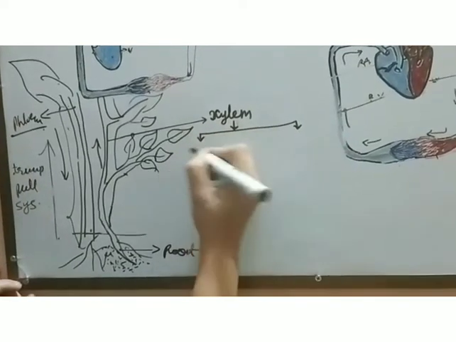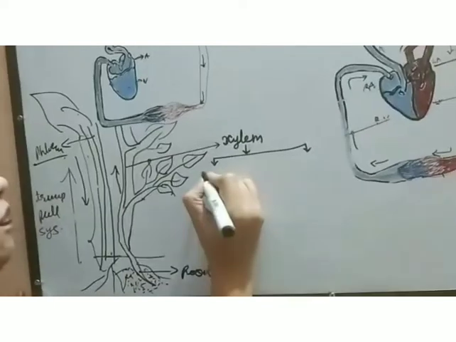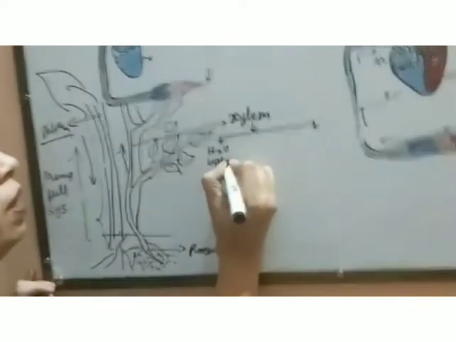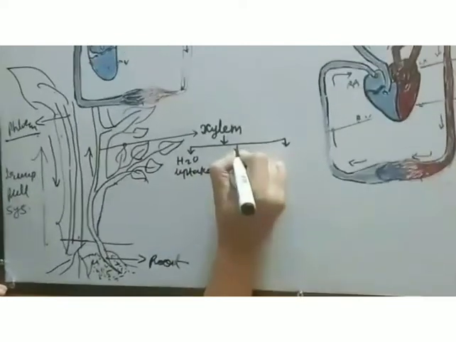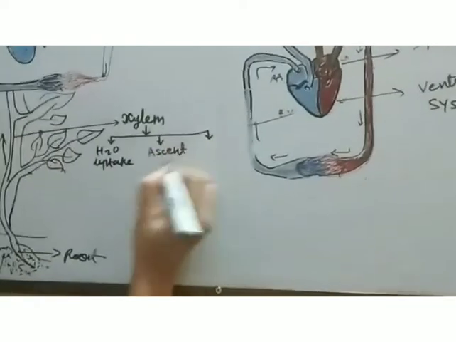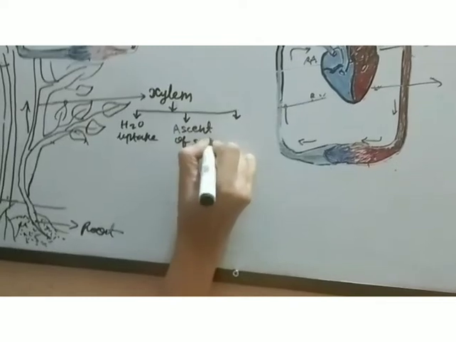First is uptake or absorption of the water, that is the first step. Second step is the ascent of sap. Ascent means upward movement of the water.